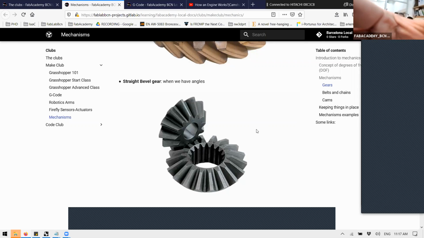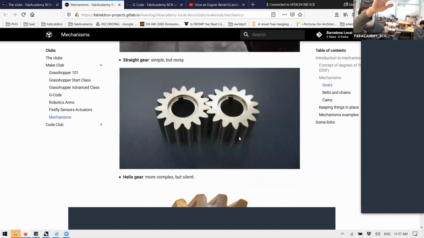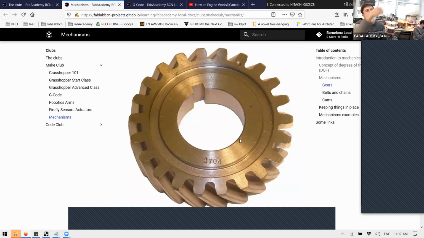Then the next type, if you go a little bit up, is the helical gear. This type of gear is the same as this, but there's an angle. You see that these ones are straight, like the teeth are vertical, and that one they have an angle.